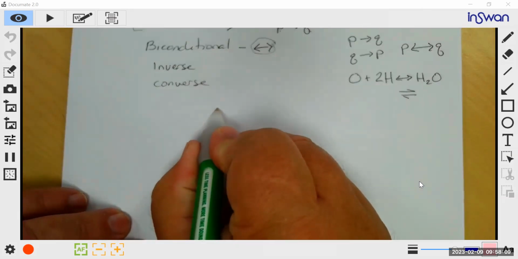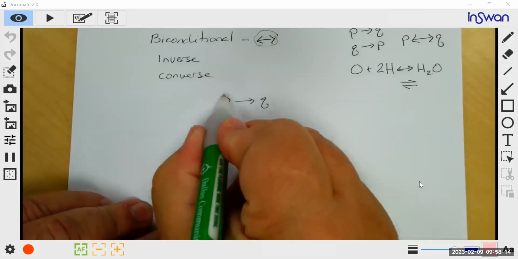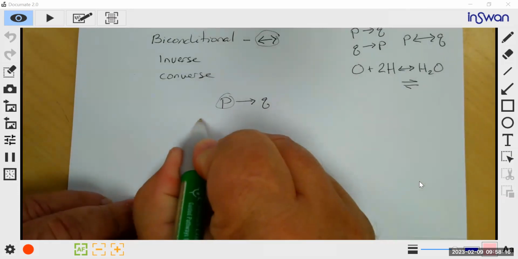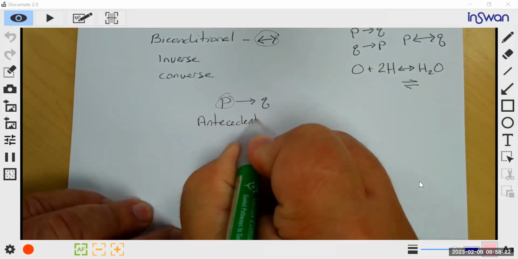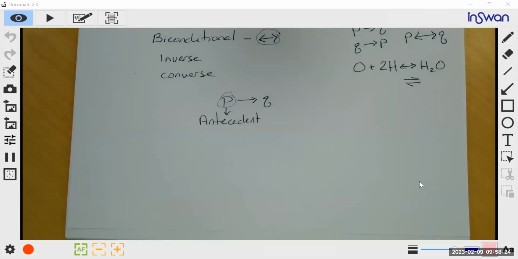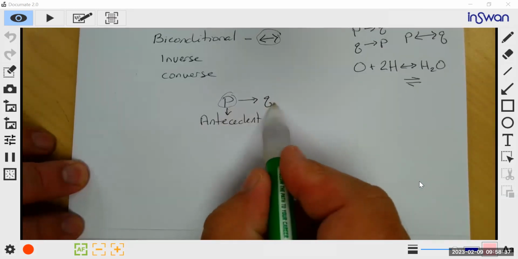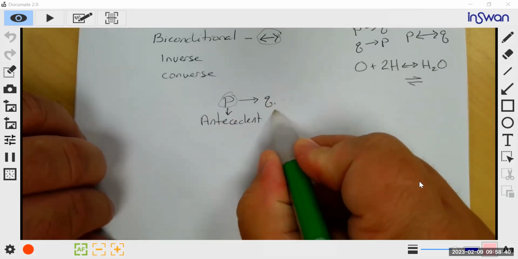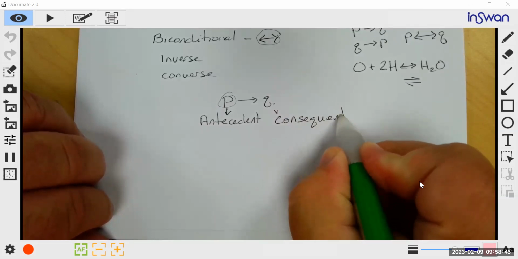Okay, now in a conditional statement, the leading part is called the antecedent. That's the initial statement. That has to be the condition that has to be proven first, because if this works, then we can go here. This is called the consequent.